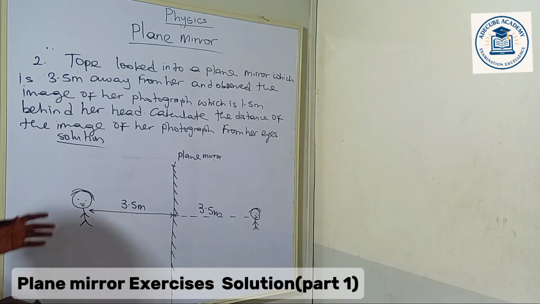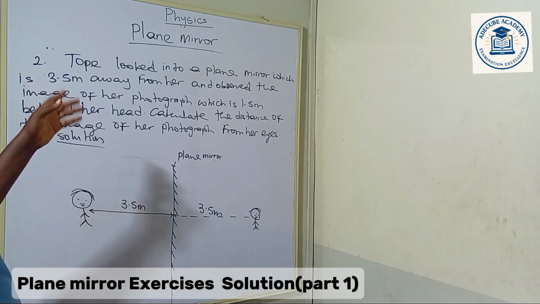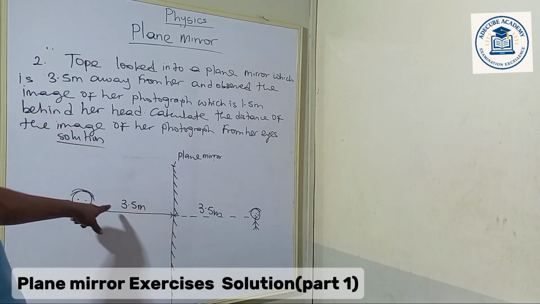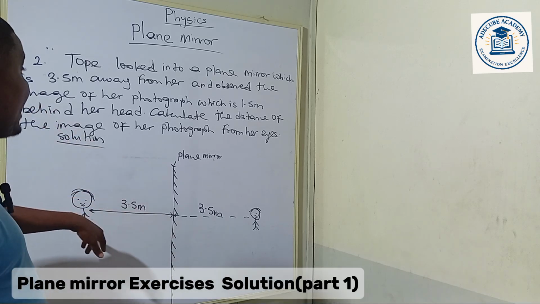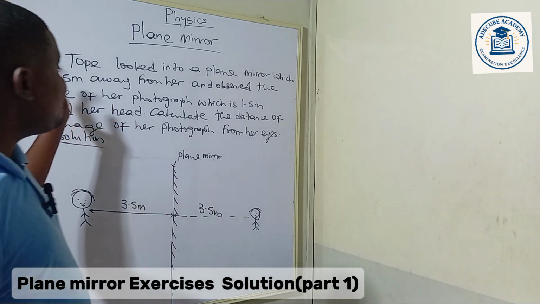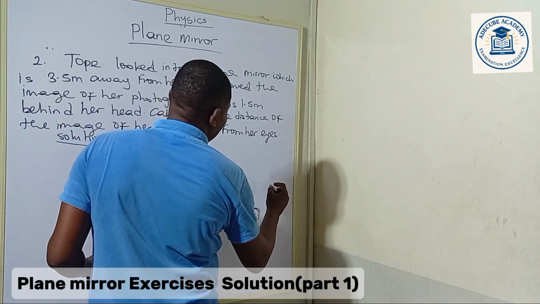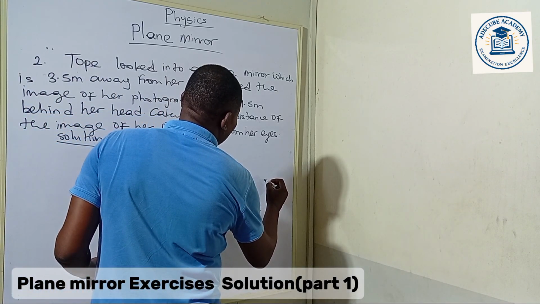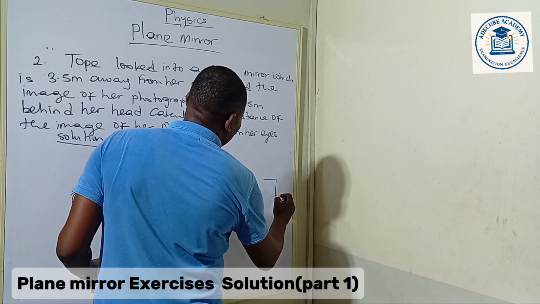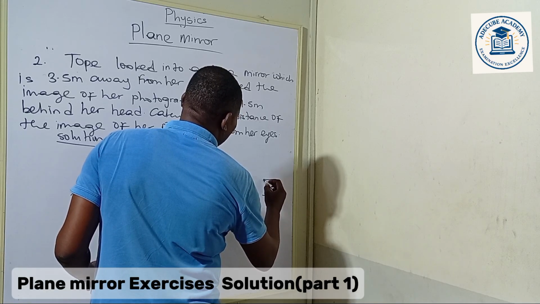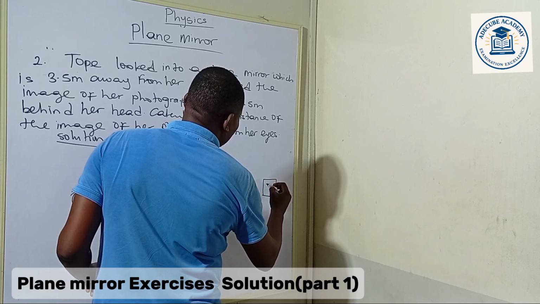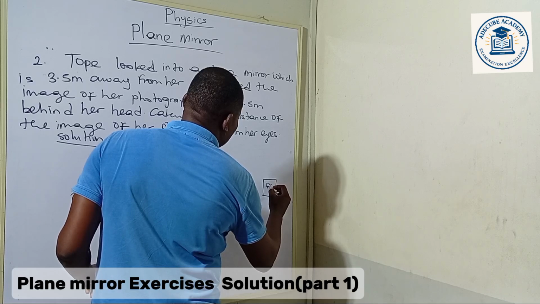Now, let me start again the question from the beginning. It says, Topper looked into a plane mirror, which is 3.5 meters away from her, and observed the image of her photograph. Now, she's observing the image of her photograph. She has a photograph, like most of you have a photograph, maybe in your room. Now, this is her photograph.